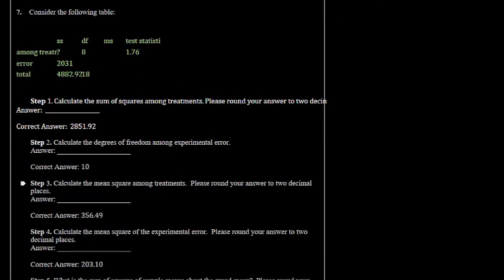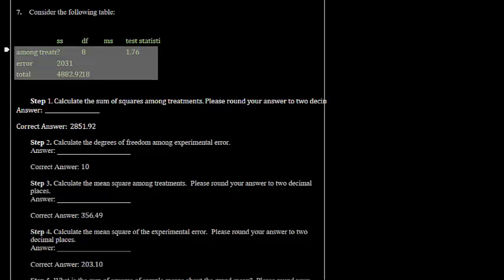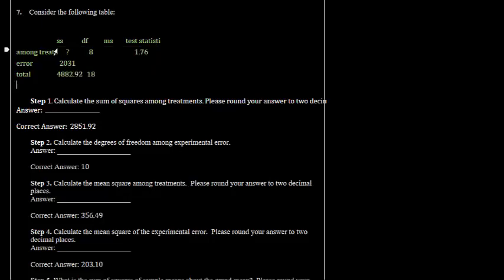Finally, number 7. Consider the following table. What does this look like? Let me round this up a little bit so that it makes more sense. Center. There we go. Excellent. This looks like an ANOVA table.